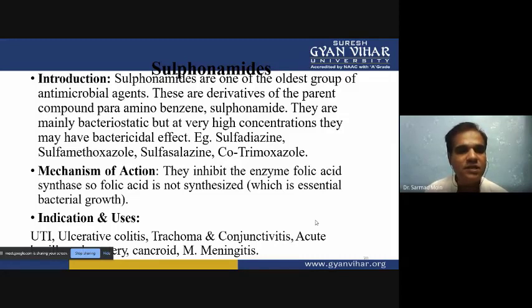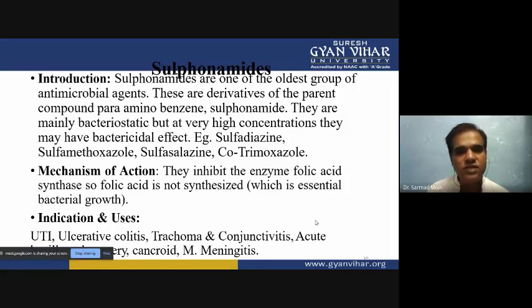They are mainly bacteriostatic, but at very high concentration they may have a bactericidal effect. Like erythromycin, which at low concentration is bacteriostatic, and when we increase the concentration it turns bactericidal.